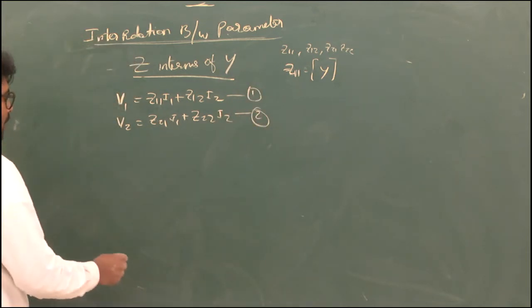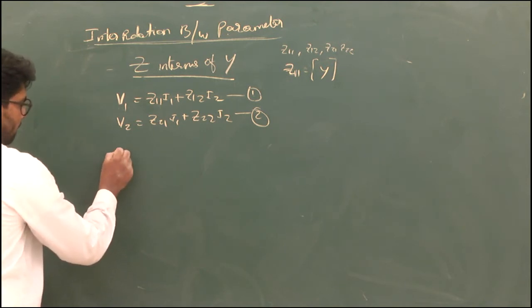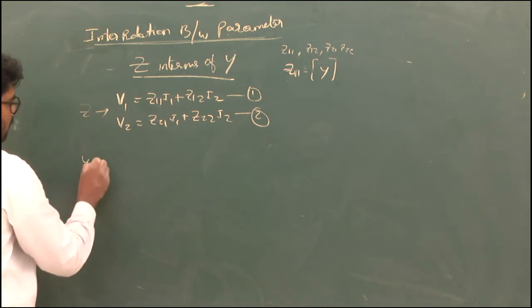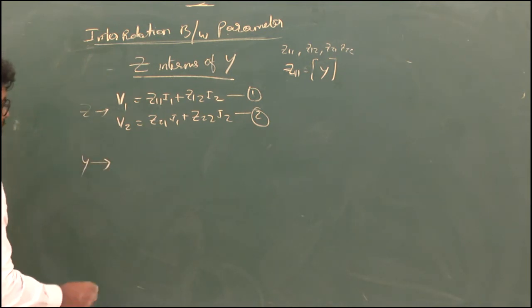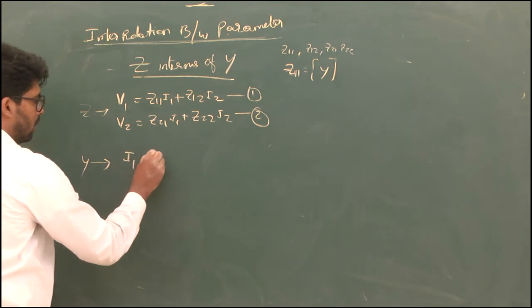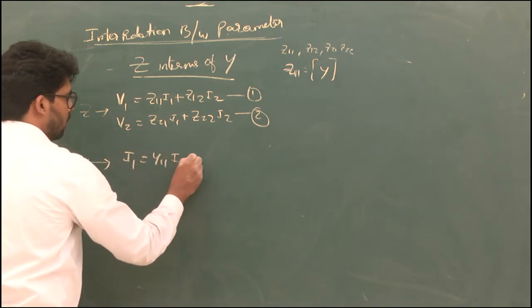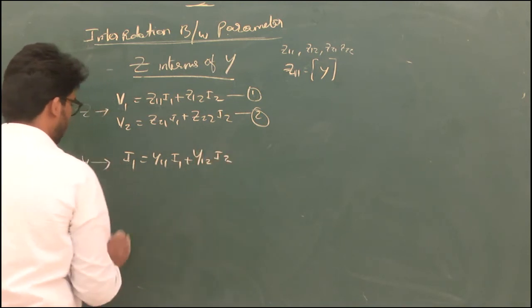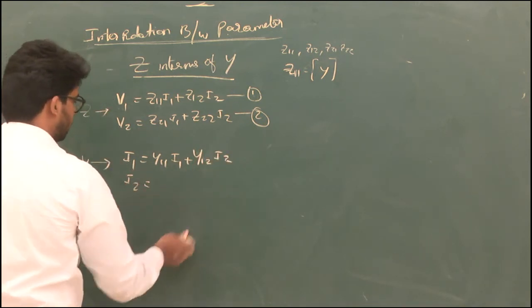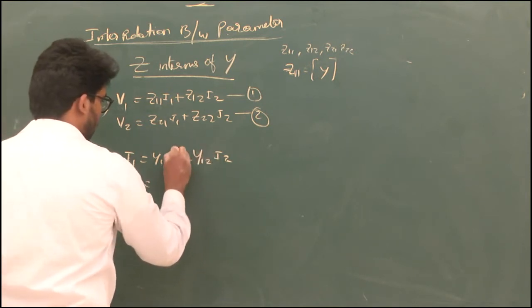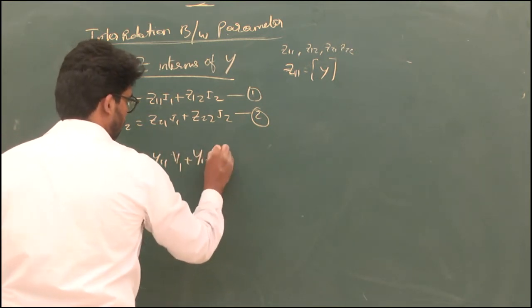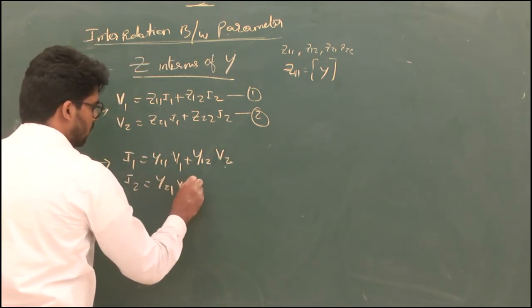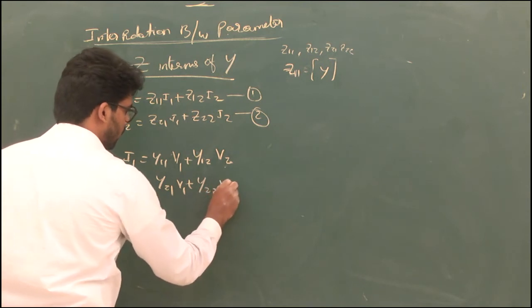Now the Y parameters: I1 equal to Y11 V1 plus Y12 V2, and I2 equal to Y21 V1 plus Y22 V2.